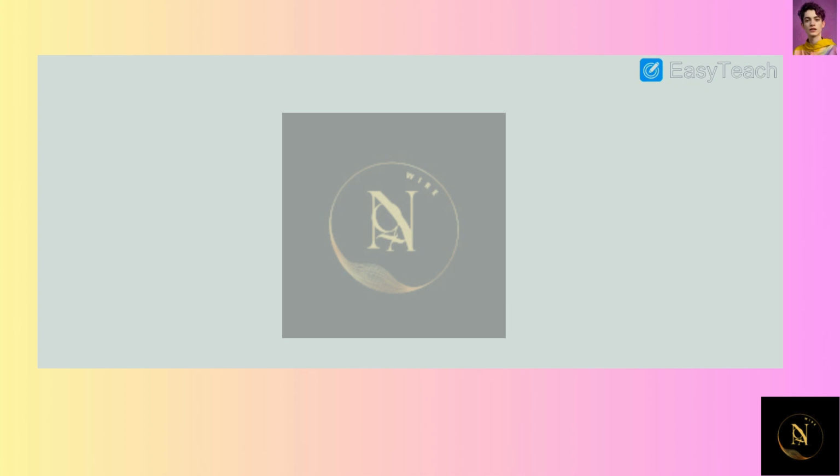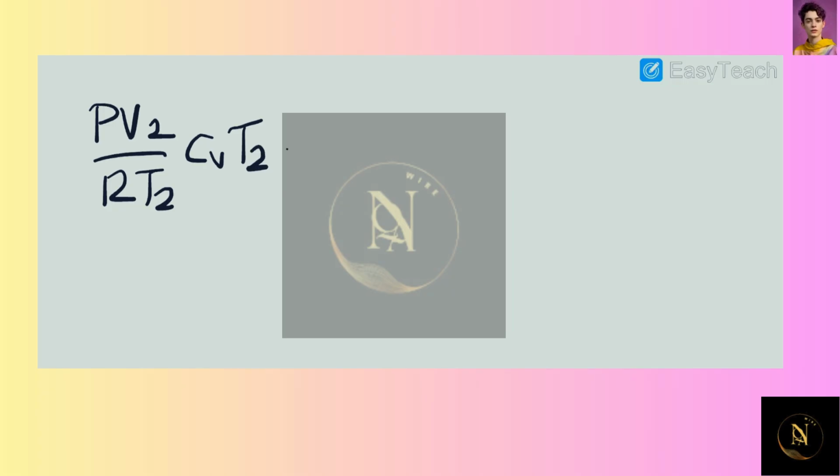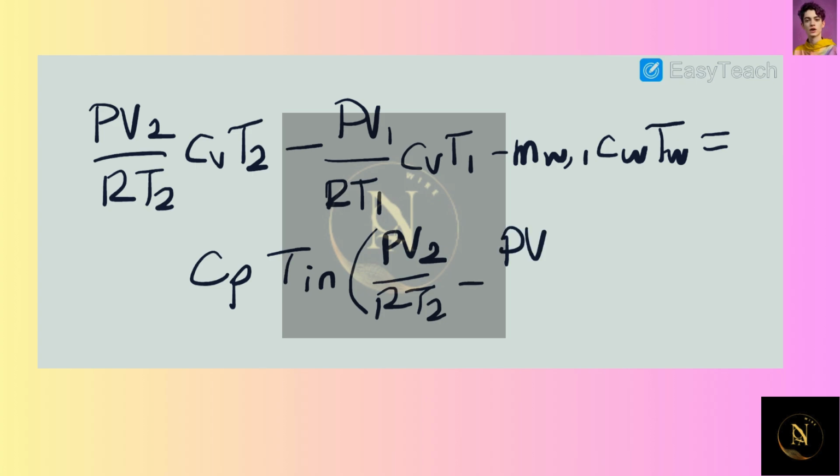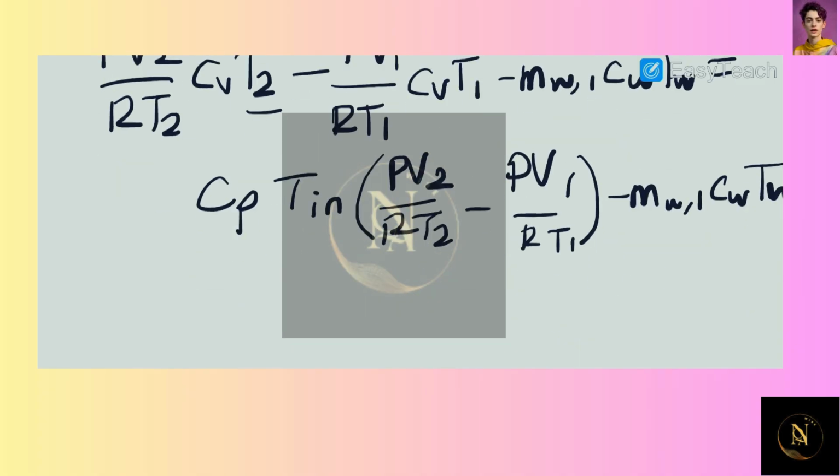So we can write this as P V_2 over R T_2 times C_v T_2 minus P V_1 over R T_1 times C_v T_1 minus m_w1 c_w T_w, and this is all going to be equal to C_p T_in times (P V_2 over R T_2 minus P V_1 over R T_1) minus m_w1 c_w T_w.